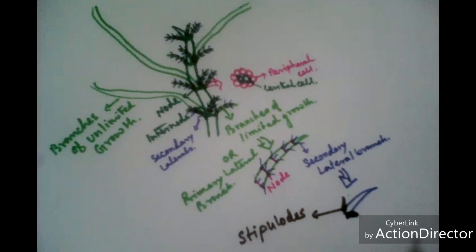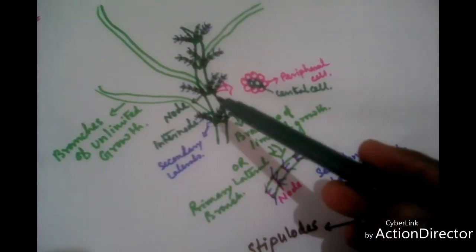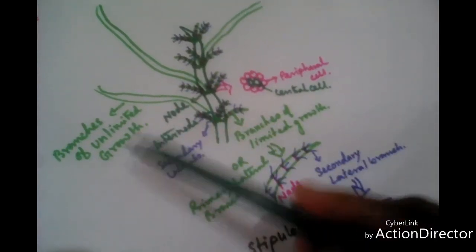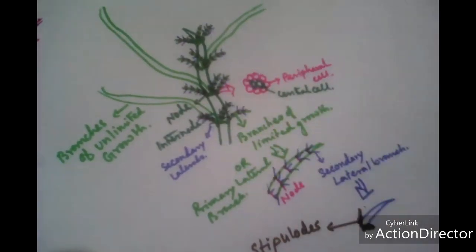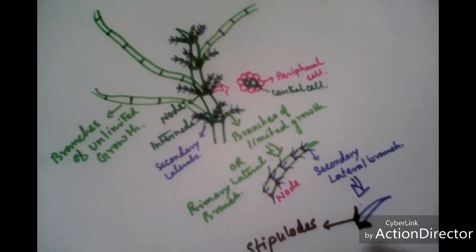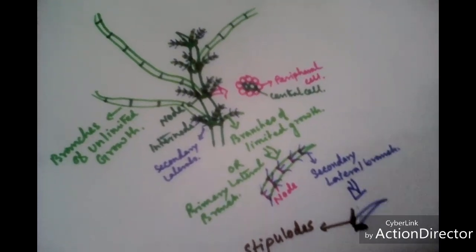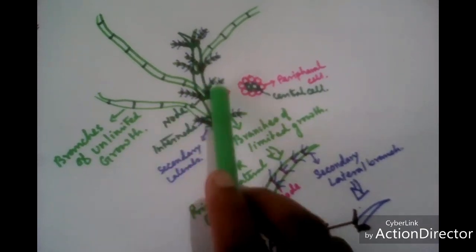Each branch of unlimited growth looks like the main axis. So, each branch of unlimited growth contains node and internode regions, and each node contains primary lateral leaves.